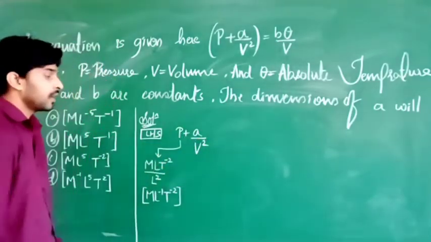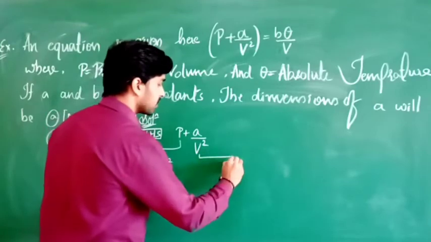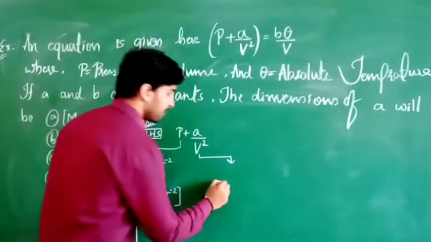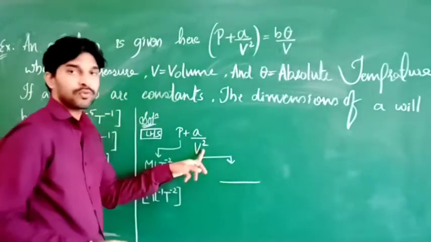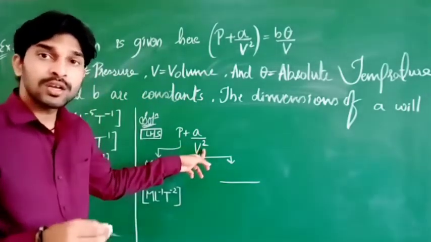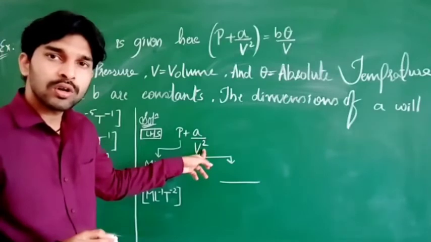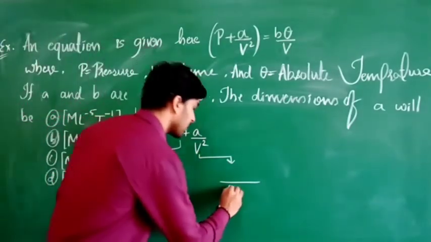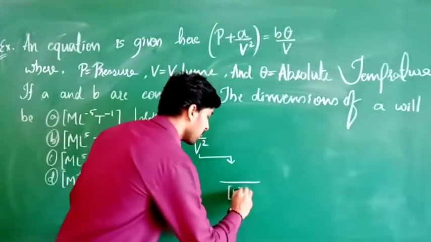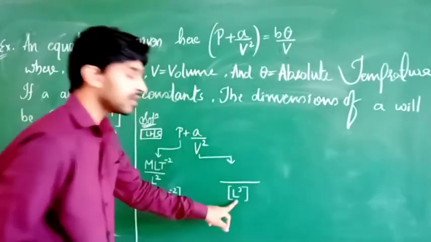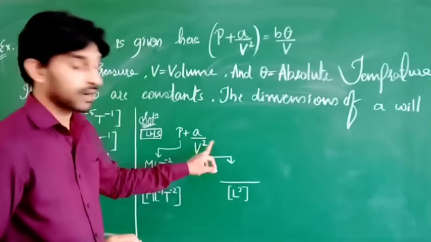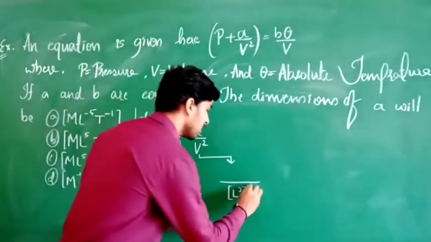Now let us come to this part. A we don't know, but V is volume. The dimensional formula for volume is L cube. L cube gives only one V, but here I have V square, so L cube whole power 2.